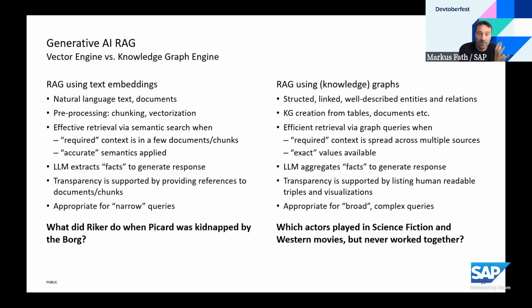So this works well. On the other hand, if we're looking at graph-based RAG, we're much more dealing with structured, linked, and well-described entities and relations, just like we've seen. However, as a pre-processing, of course, you need to create a knowledge graph, which is not a trivial task.